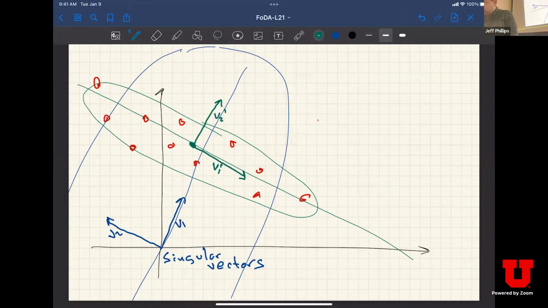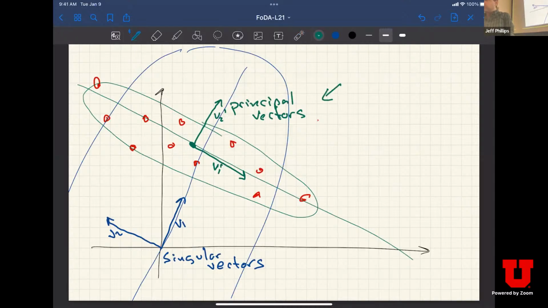These are what's called the principal vectors, and this is what we want to do instead. It turns out it's not that hard to do this.